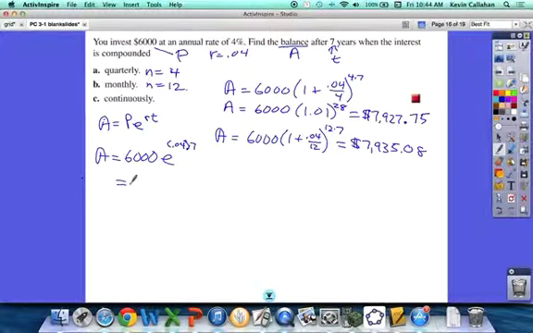So put that in your calculator, 6,000. And again, you got an E button there. You could either do the E, which is on the divide symbol, or you could use the E to the X, which is above the LN. It doesn't matter. That'll just pop you right into the exponent. 0.04 times 7. I'm getting 7,938.78.